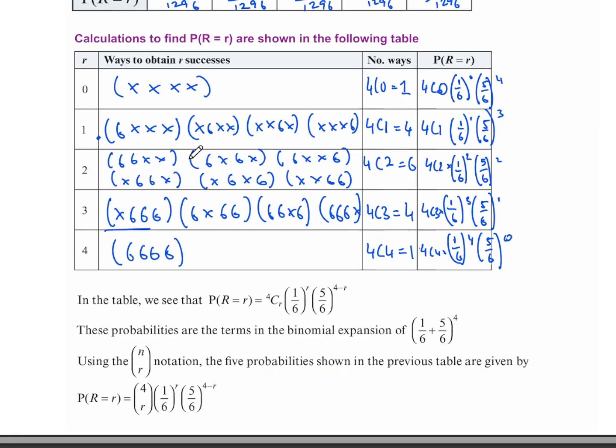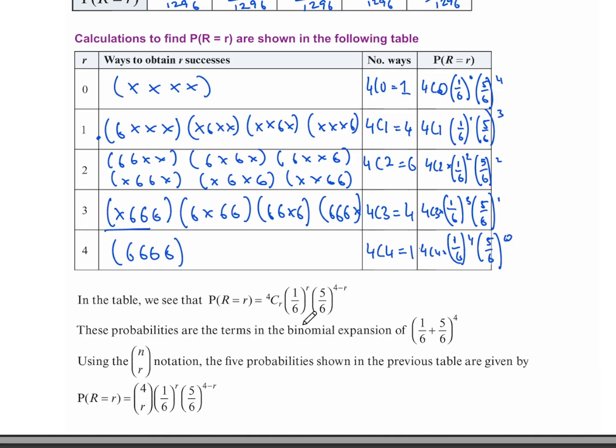From this table, if you take a look at it carefully, we see that the probability of getting your number of successes as a certain value r, which we had 5 possibilities, 0, 1, 2, 3, and 4, was just equal to 4Cr multiplied by 1 over 6 power r, which is the successes, multiplied by 5 over 6 power 4 minus r.